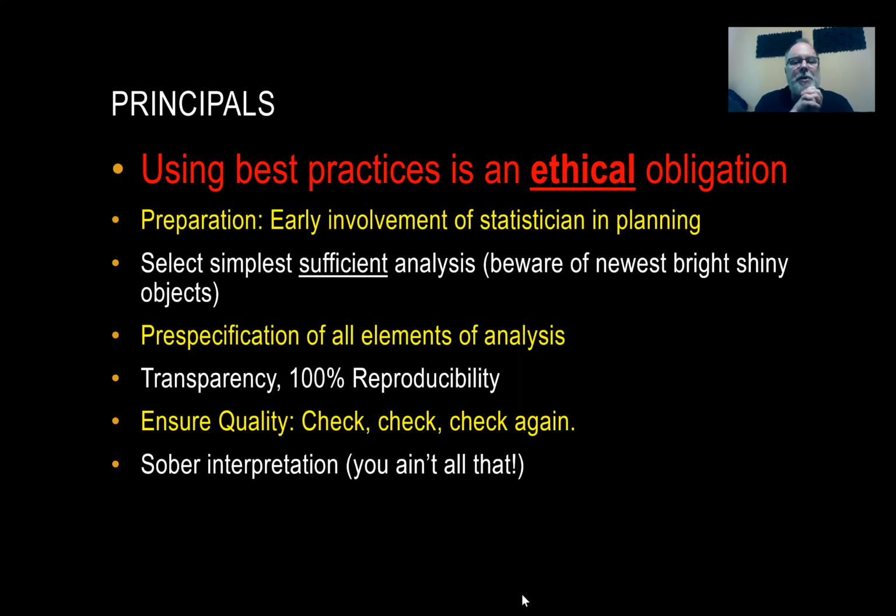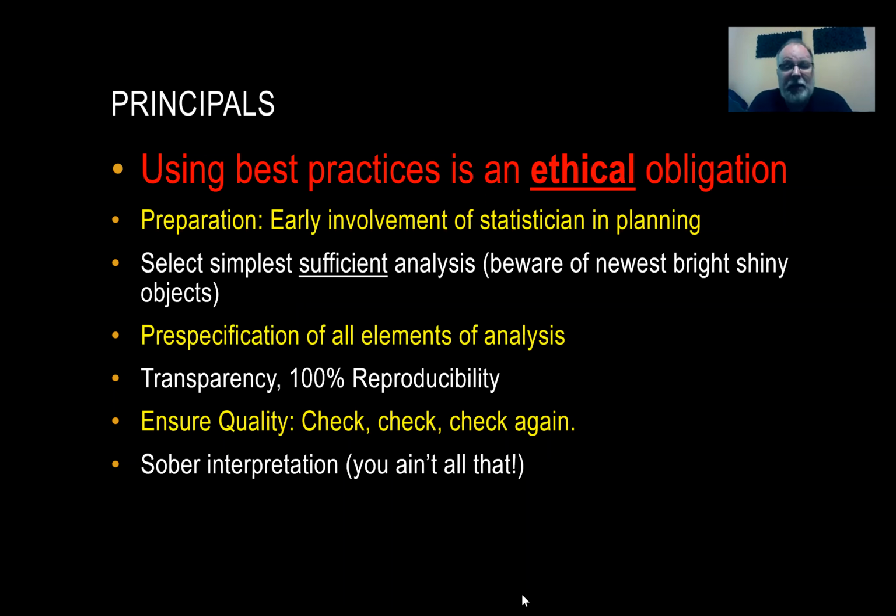Okay, so some basic principles of best practices. It doesn't always occur to everybody, but using best practices, just like you would use best practices in surgery or diagnosis, using best statistical practices is also an ethical obligation.